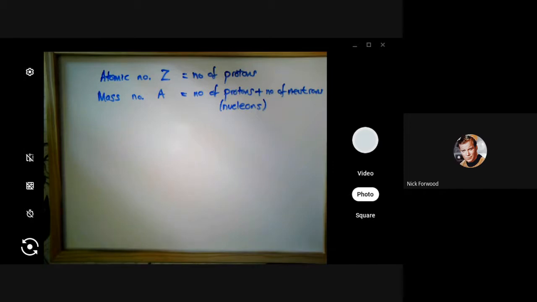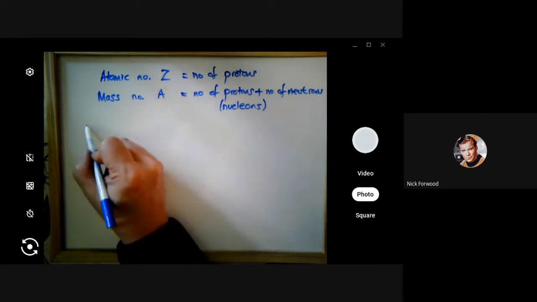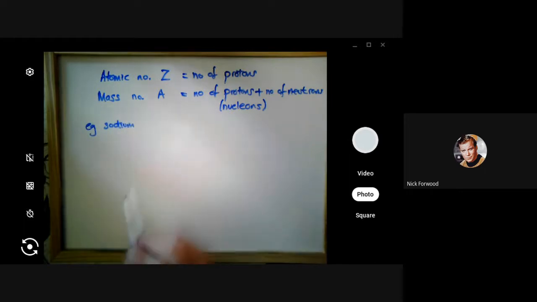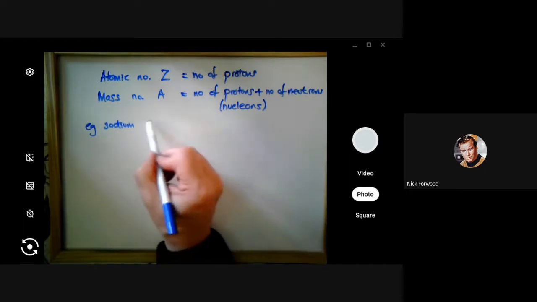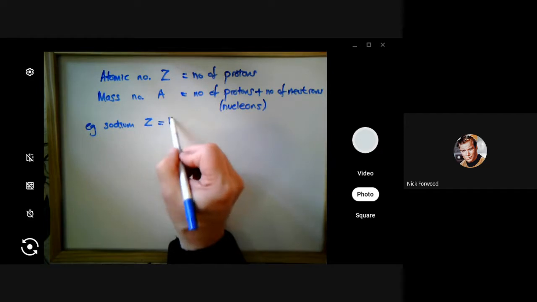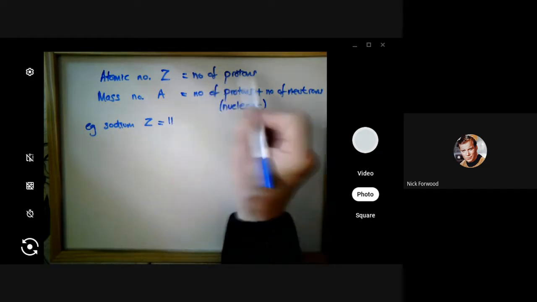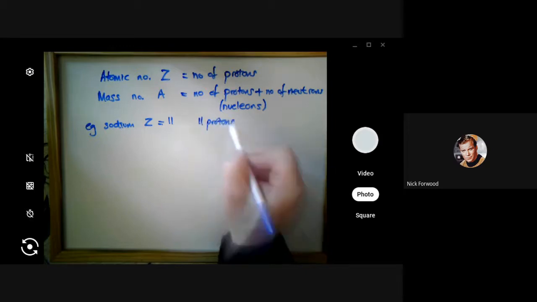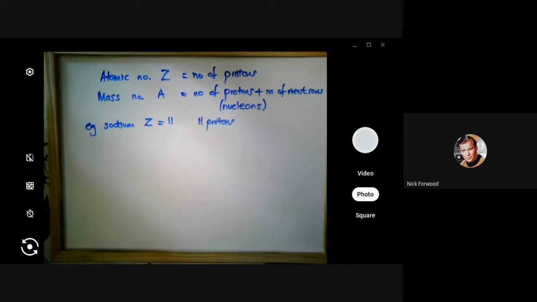Now, if we've got sodium as an example, we know that Z, the atomic number for sodium, its number in the periodic table is 11. So that tells us that we have 11 protons. Well, a bit of simple maths will tell you how many neutrons there are if you know what the mass number of sodium is.